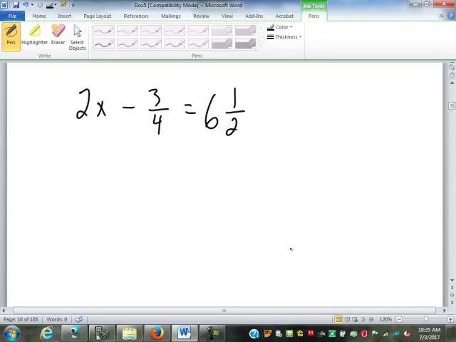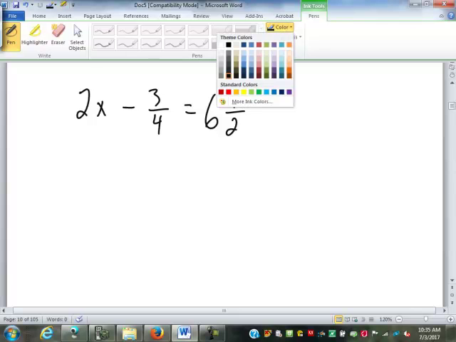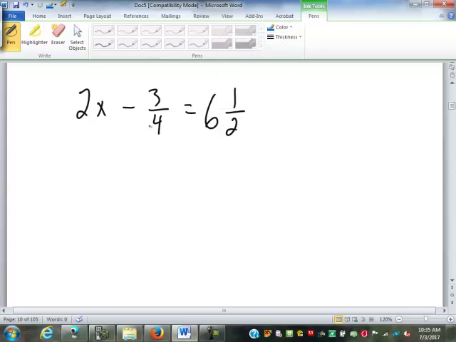Okay, I want to look at an equation like this. We've done some of these with fractions in the equations, and the way we have solved them has been to just add 3/4, just like we would with any other equation. That's gone. We've got 2x equals 6.5 plus 3/4. I could find the common denominators and add them, but I'm just going to tell you that's 7 1/4.